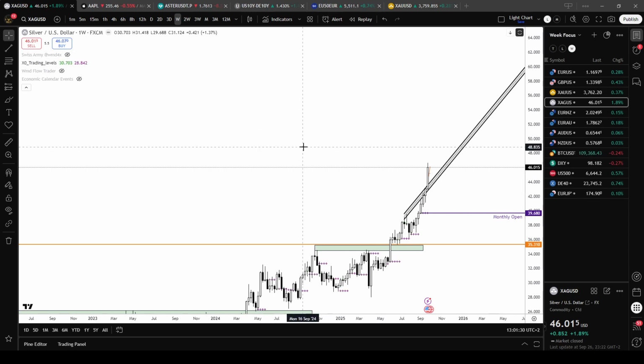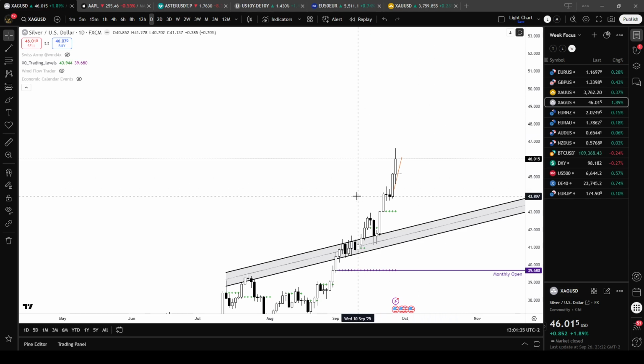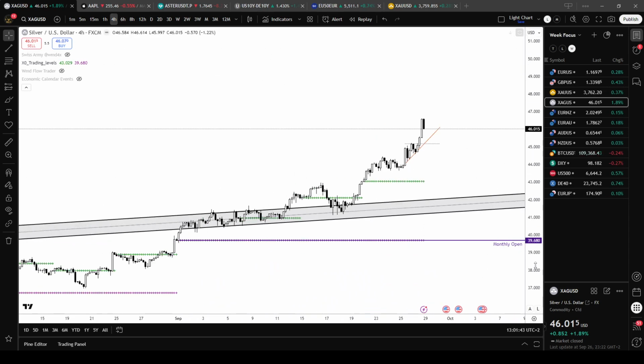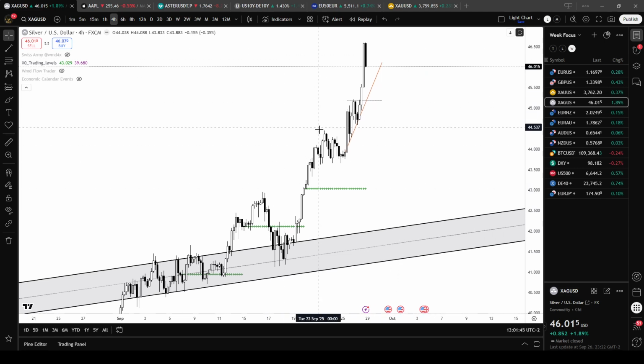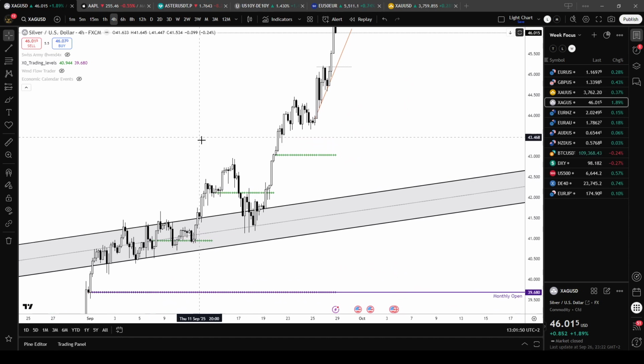So let's activate the weekly open to show. Yeah, I mean silver is a bit bipolar because sometimes it just goes in one straight line, it just sends it, and other times it sort of fucks around a bit more than gold does, right?